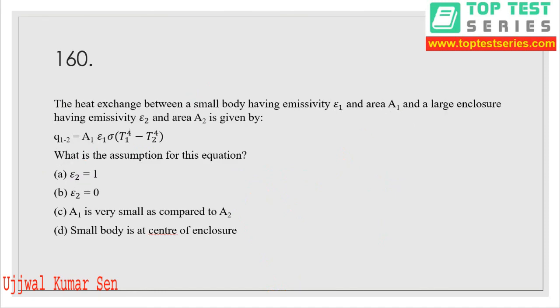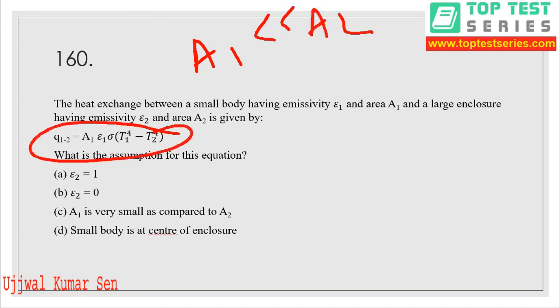Question number 160. The heat exchange between a small body having emissivity epsilon 1 and area A1, and a large enclosure having emissivity epsilon 2 and area A2. So my dear, here A1 is very small compared to A2; only then is this possible. Let me write the formula. Please look at the formula, this is very important for you to know.